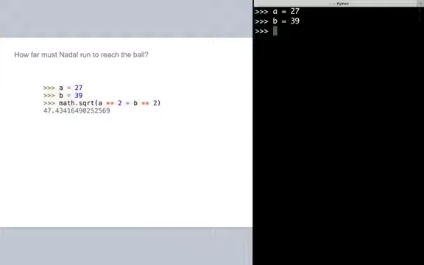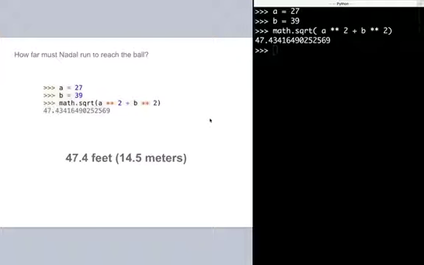Now we can calculate the distance that he has to run. So we have a squared plus b squared, and here we get 47.4 feet approximately, or 14.5 meters.